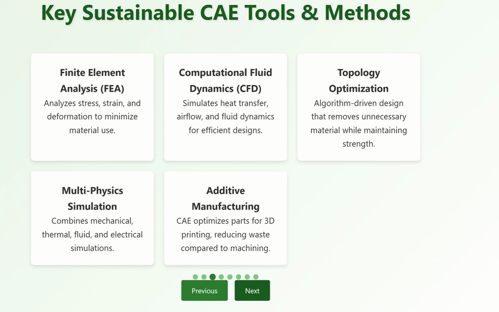As compared to machining. If you say CNC machining, you are subtracting, you are removing material, and this one normally gives a lot of waste. But when you are using 3D printing, you are adding material on top of another layer. So this one helps us to create products which are sustainable. At the same time, it helps us to ensure that we minimize wastage of material as compared to CNC machining.